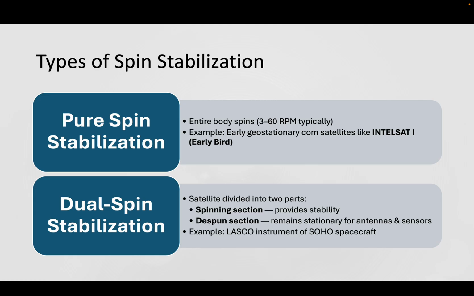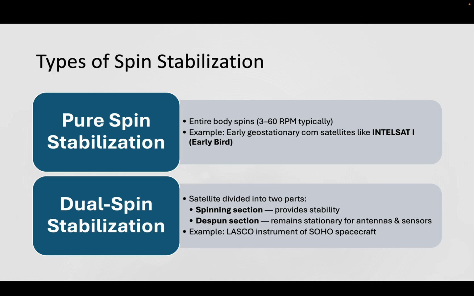And in this spin stabilization method, there are two types of spin. Either the entire body spins, or most of the payload doesn't spin. In the other method, we have dual spin stabilization, where one part of the satellite doesn't spin, mostly the payload part, and the remaining part will be spinning. It spins around 3 to 16 rotations per minute.